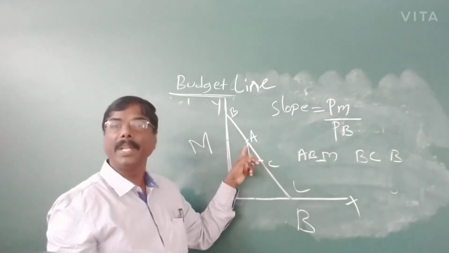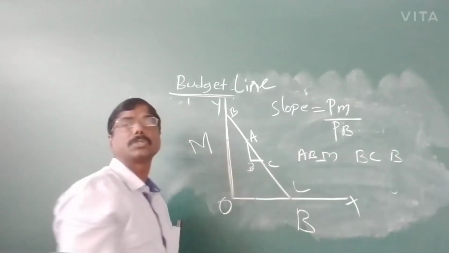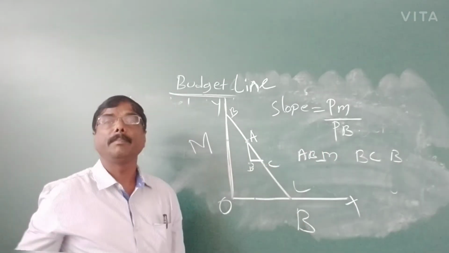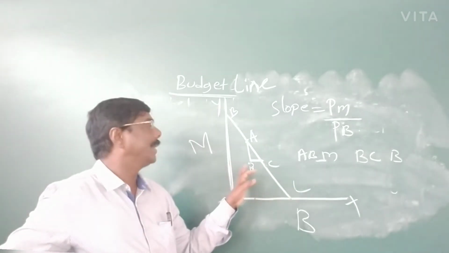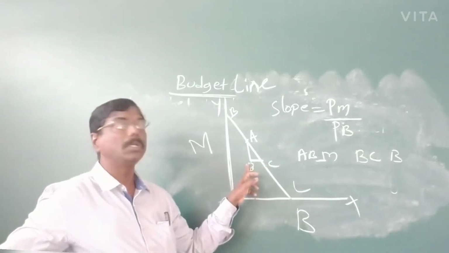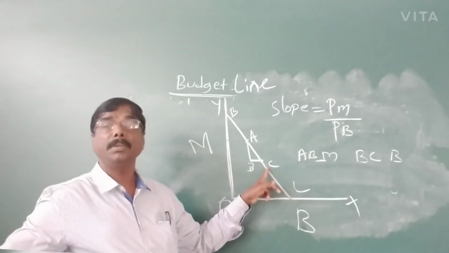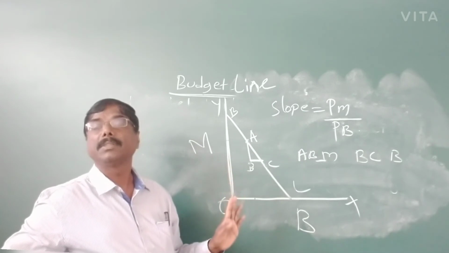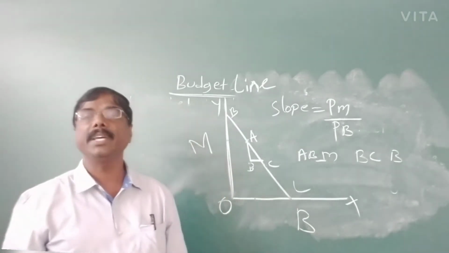Here he is willing to sacrifice AB quantities of mangoes in order to get BC quantity of banana. So this is the budget line, the slope of the budget line.